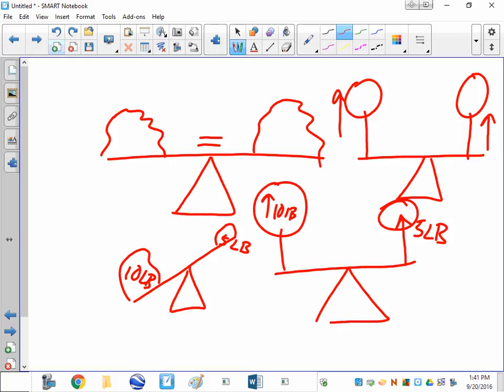Now, my balance that used to be low on the left side is going to switch and be low on the right side. So anytime you switch from positives to negatives, whenever your weight is positive and you switch to negative, or your weight is negative and you switch to positive, that inequality sign switches. Does that make sense?